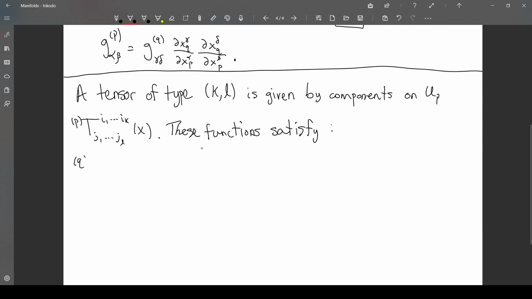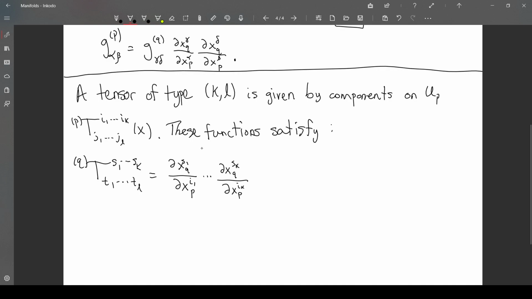which is that on Q, if we have s1 dot dot dot sk, t1 dot dot dot tl, this is going to be equal to derivatives dx s1_Q over dx i1_P, and so on.